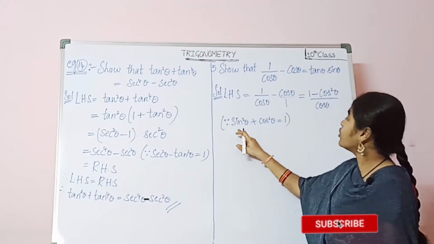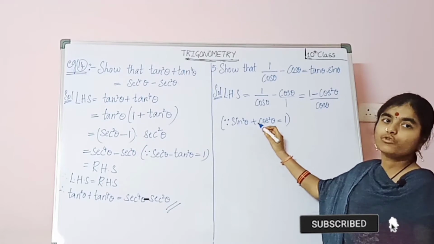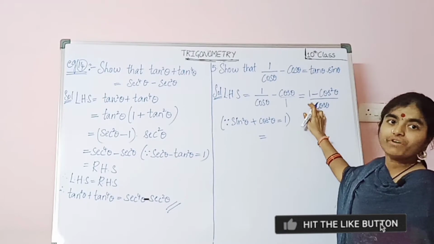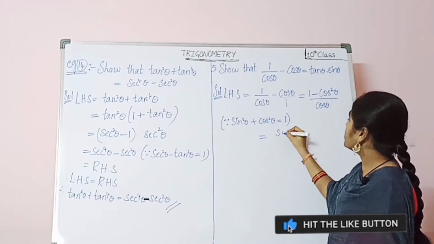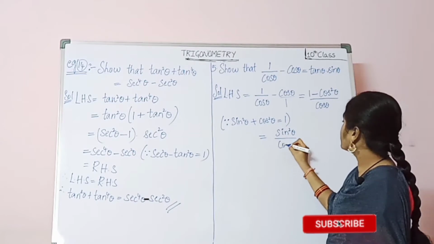Since from the trigonometric identity sin square theta plus cos square theta equals 1, in the place of 1 minus cos square theta we can write sin square theta by cos theta.